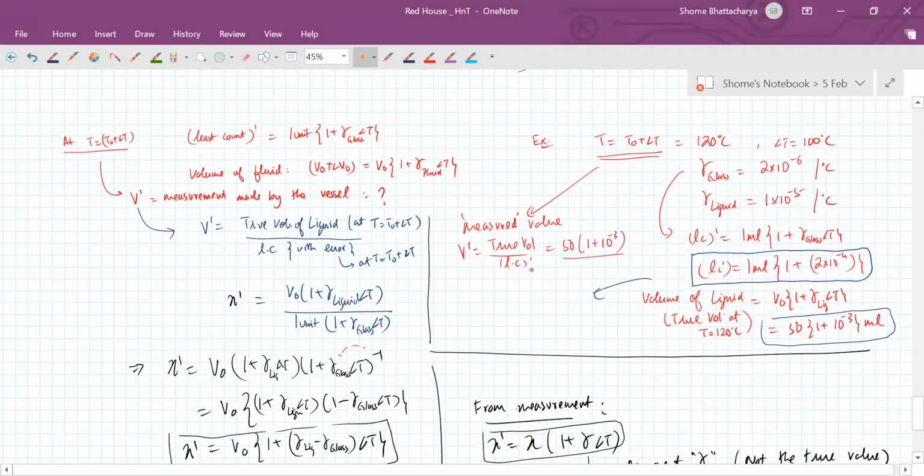But the least count has become 1 milliliter into 1 plus 2 into 10 raised per minus 4.